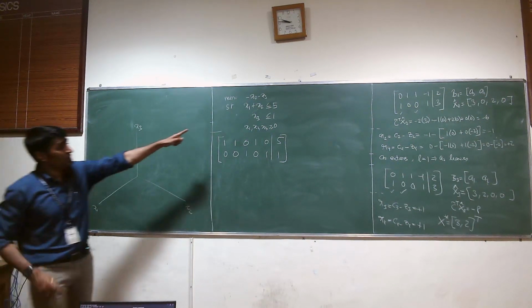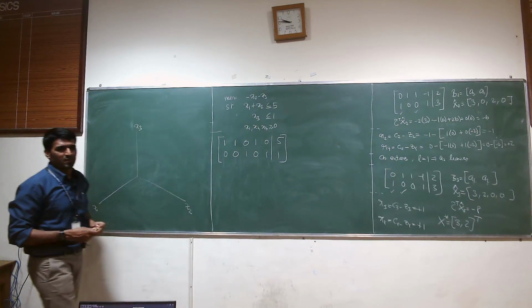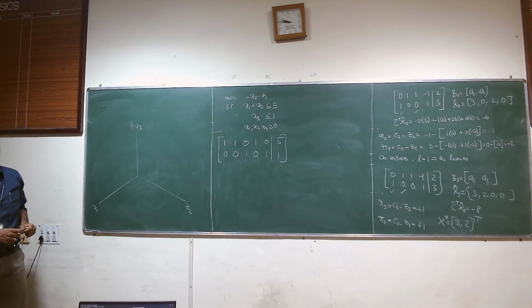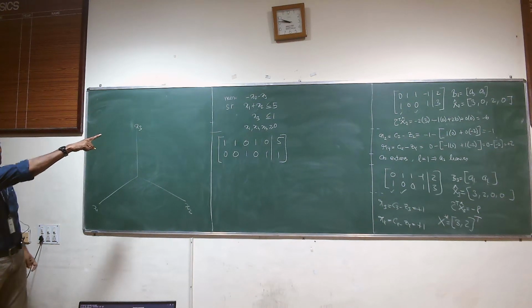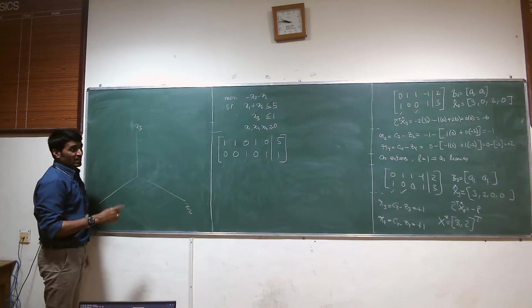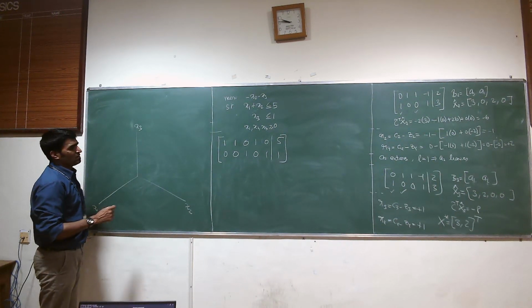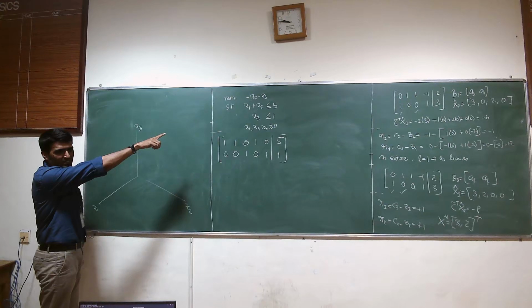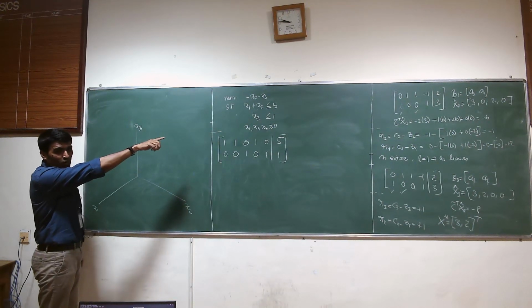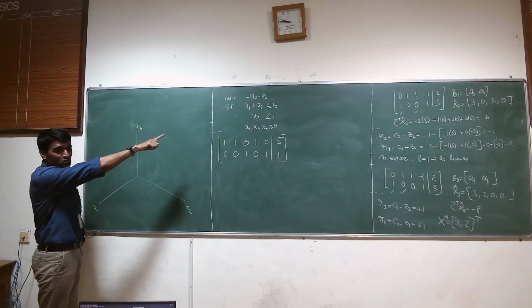No, these are not straight lines in 3D. These are planes in 3D. What does it correspond to? X3 does not matter. That means that plane can take on any value of x3. But x1 and x2 are constrained.